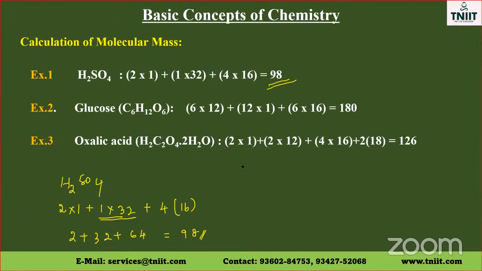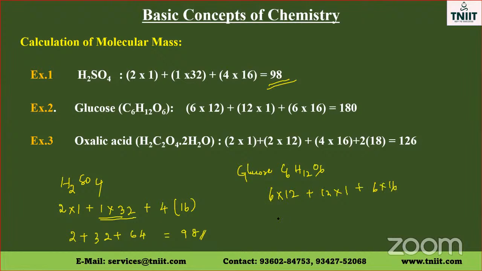The second example is glucose. Glucose has the molecular formula C6H12O6. Now, 6 carbon atoms we have, and the atomic mass of carbon is 12. So 6 into 12, plus 12 hydrogen we have, atomic mass of hydrogen is 1, plus we have 6 oxygen, atomic mass of oxygen is 16.